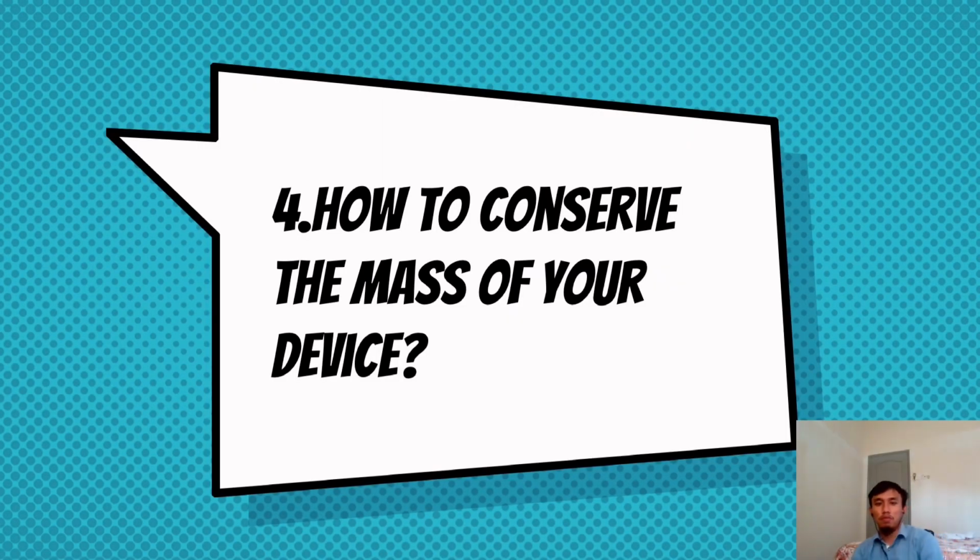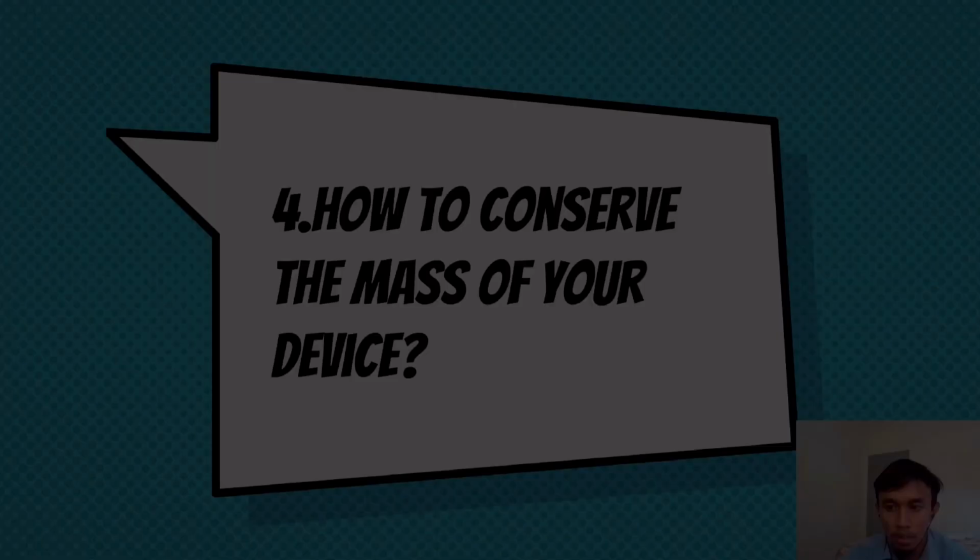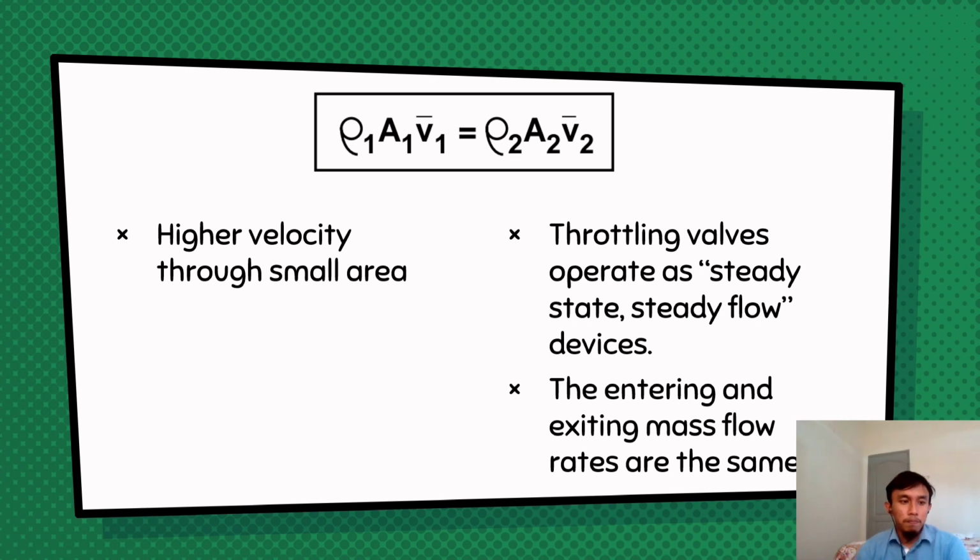For the fourth question, how to conserve the mass of your device. Higher velocity through small area. Conservation of the mass of a throttling valve is about the area of the valve and the velocity of the fluid.